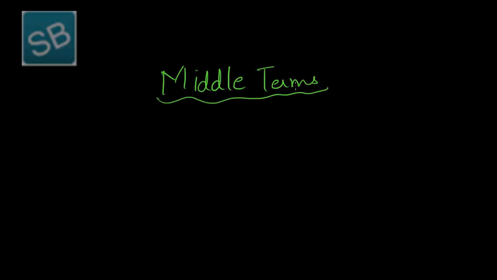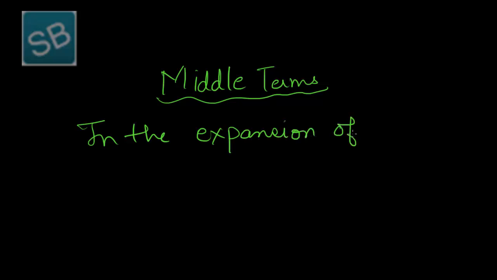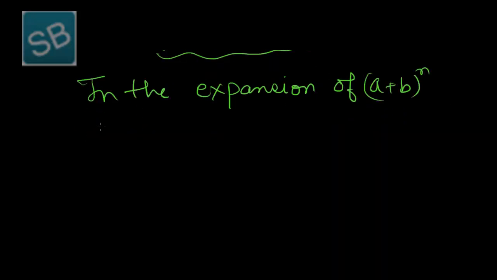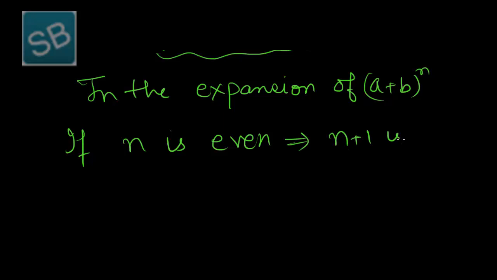Now the next topic is the middle term. As in the expansion of (a + b) raised to power n, first case, n is even. If n is even, it implies n + 1 is odd.